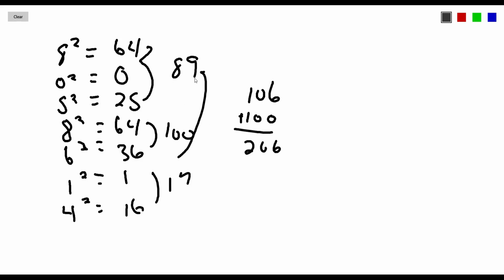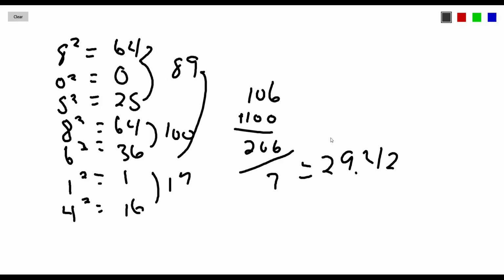We want to take 206 divided by, again, how many numbers do we have? 1, 2, 3, 4, 5, 6, 7. Divided by 7 is 29.24, blah, blah, blah.